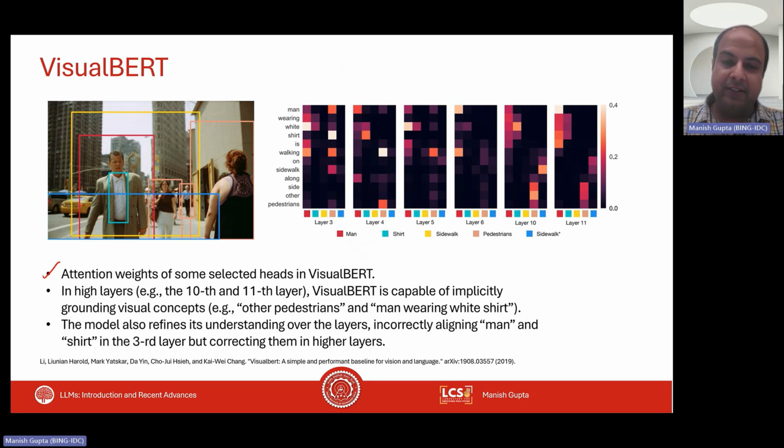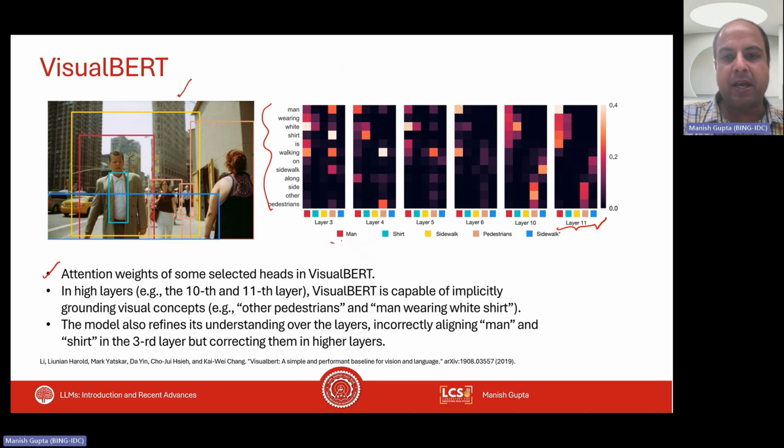And now you can try to see how they are correlated. Okay, so let me look at layer 11, and you see this heat map is drawn by showing attention between text words you see there and image tokens you see there. So five image tokens, corresponding to man, which are also highlighted in this image, by the way.